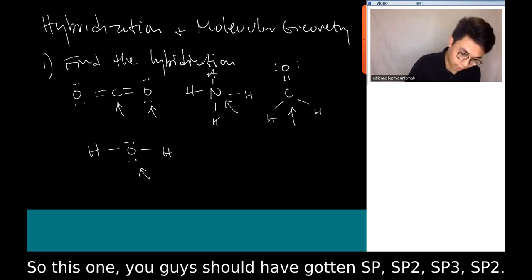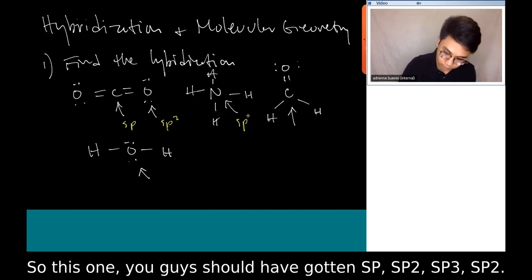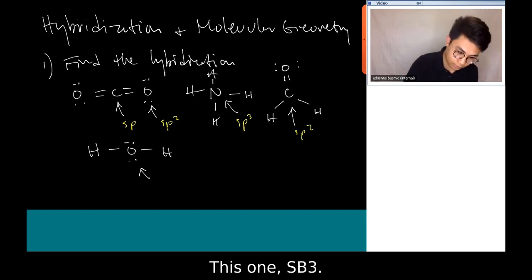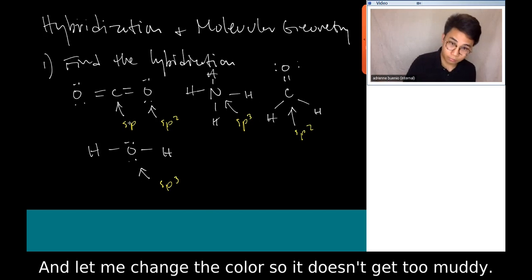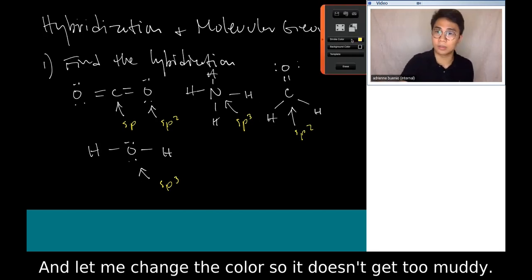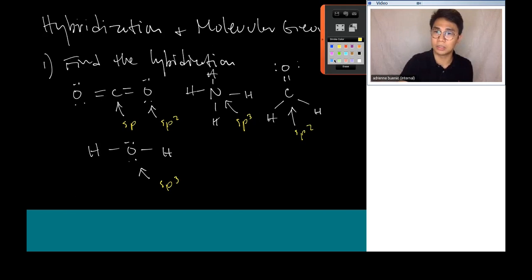So this one, you guys should have gone SP, SP2, SP3, SP2. This one, SP3. Now we can get the shapes for these, right? Linear, and let me change the color so it doesn't get too muddy.